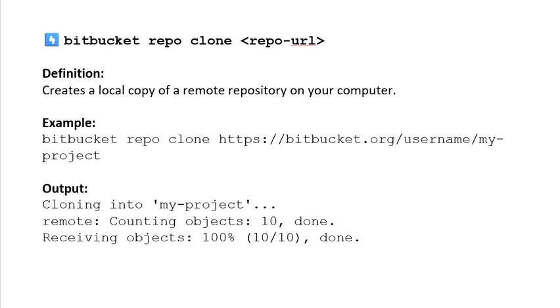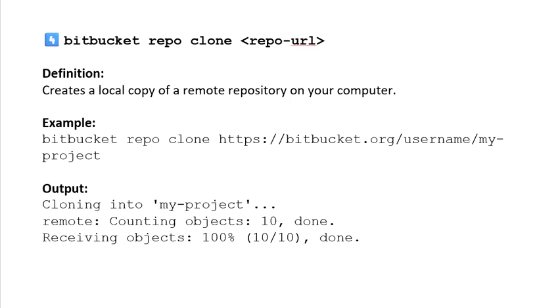And fifth is bitbucket repo fork with the repository name. The definition is: create a personal copy of another user's repository under your account. The example is bitbucket repo fork original-project.